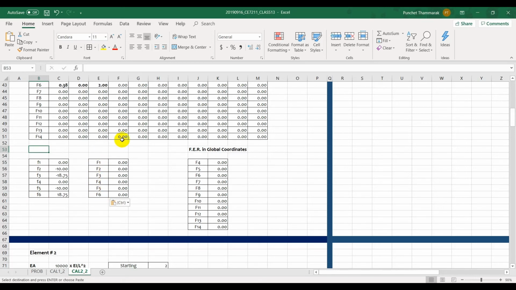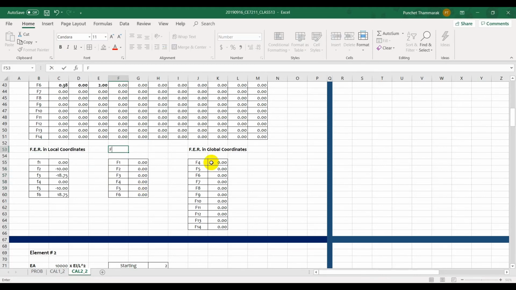So I call it FER in local coordinates, FER in global coordinates.